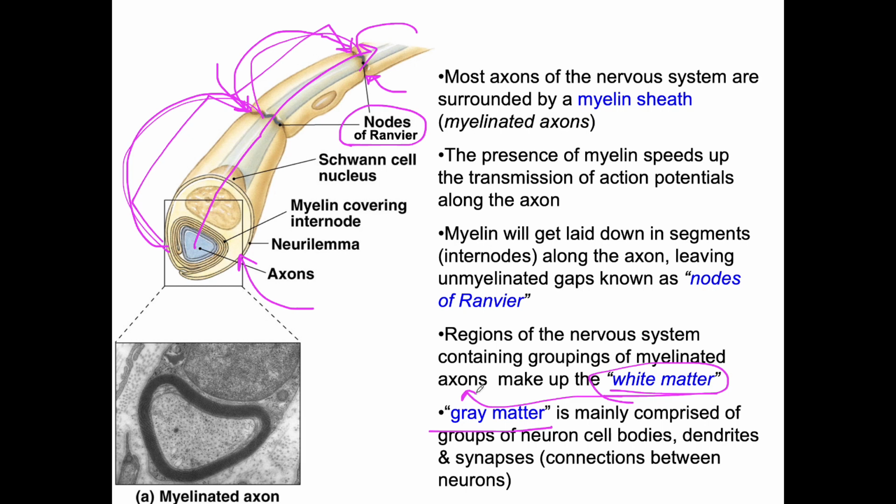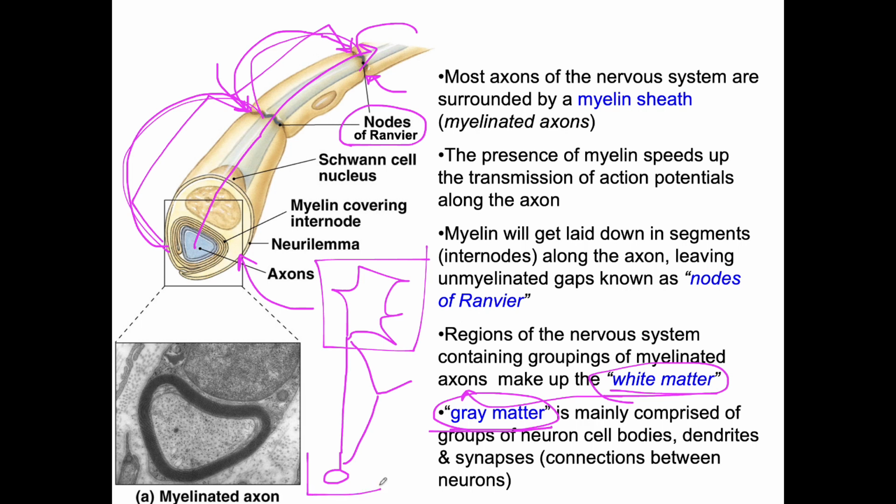The gray matter, the unmyelinated region, is everything but the axon. So if you have a neuron that looks like this, you've got the axon coming down, and then you've got the terminal here. This area right here would be white matter. The cell body and this terminal would be gray matter because there's no myelin sheath in the cell body or the terminals, and therefore it's going to be gray in color.